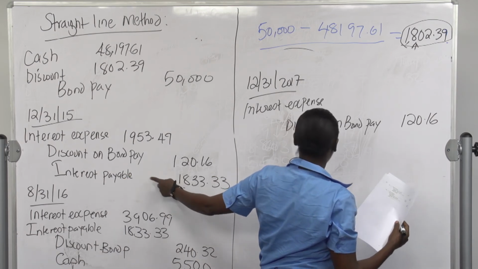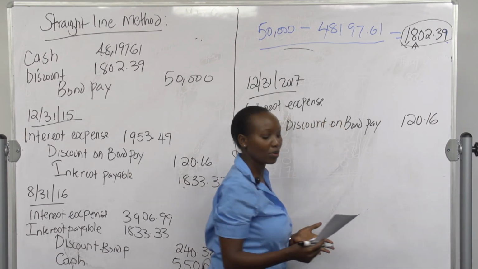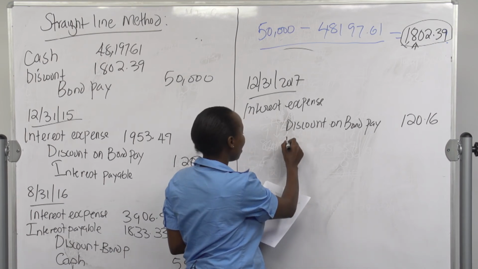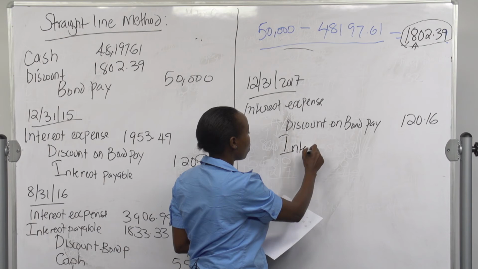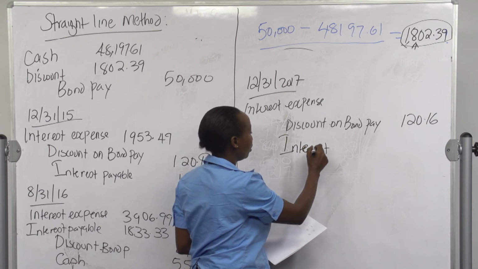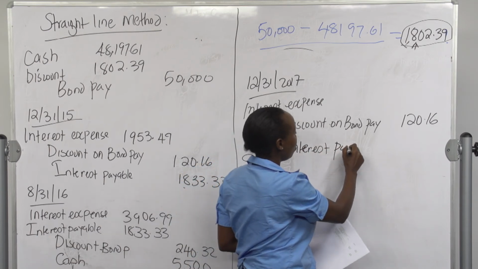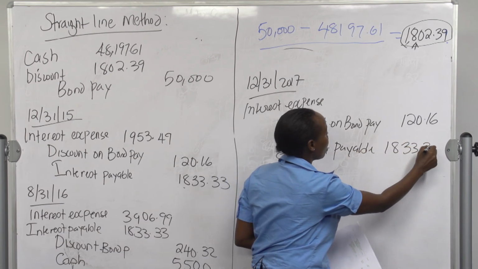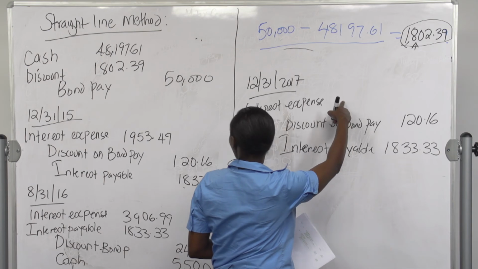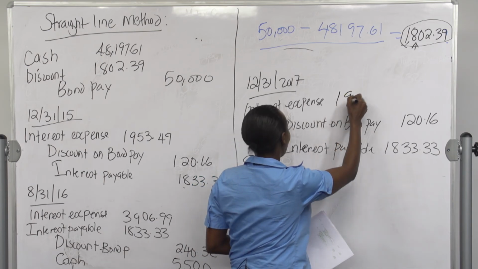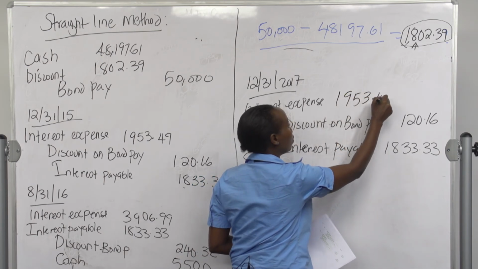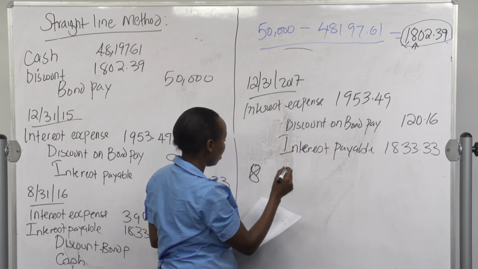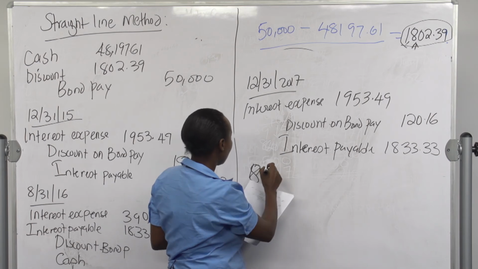That's exactly a copy of this, the same thing because we're doing straight line amortization. It doesn't vary. And we have interest payable, so we accrue what we owe the holder of the bond. Interest payable of $1,833.33, and the interest expense then becomes $1,953.49.